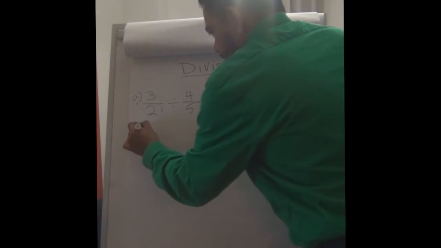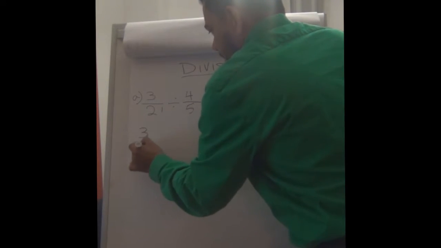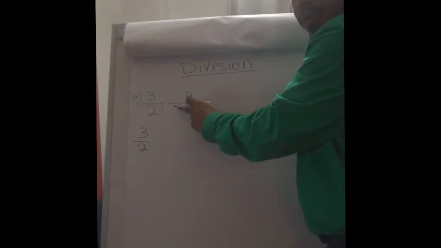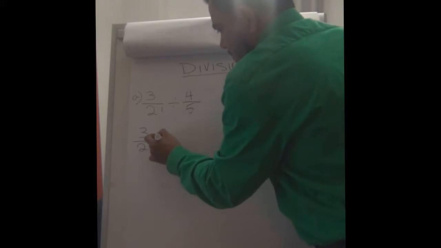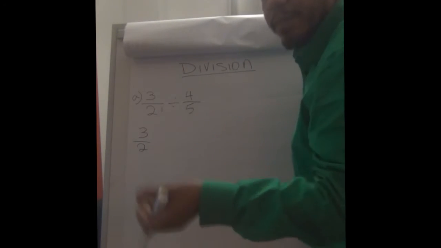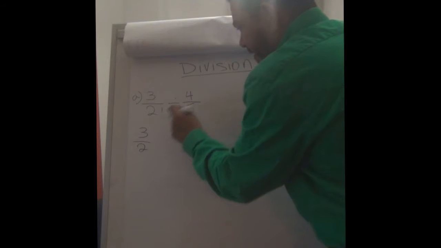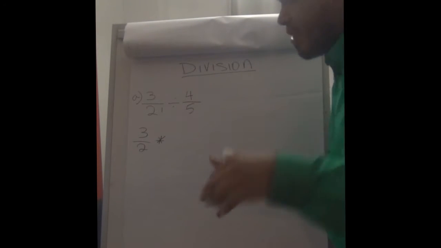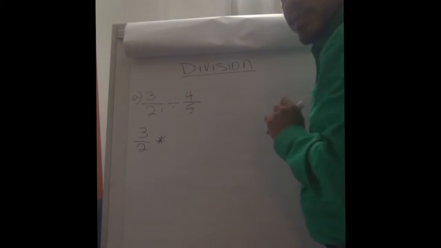So it's gonna be 3 over 2, right? You're gonna change the multiplication sign, oh my God, I keep saying multiplication. You're gonna change the division sign to multiplication. And then you are going to flip the fraction.